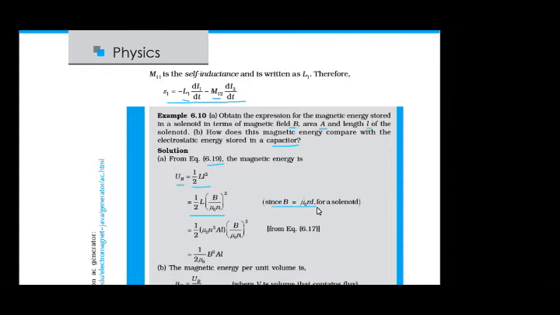Since B is equal to mu naught N i for the solenoid, we have derived this relationship previously. So just put the value of B as mu naught N i, and you just solve it, and after solving you get this.